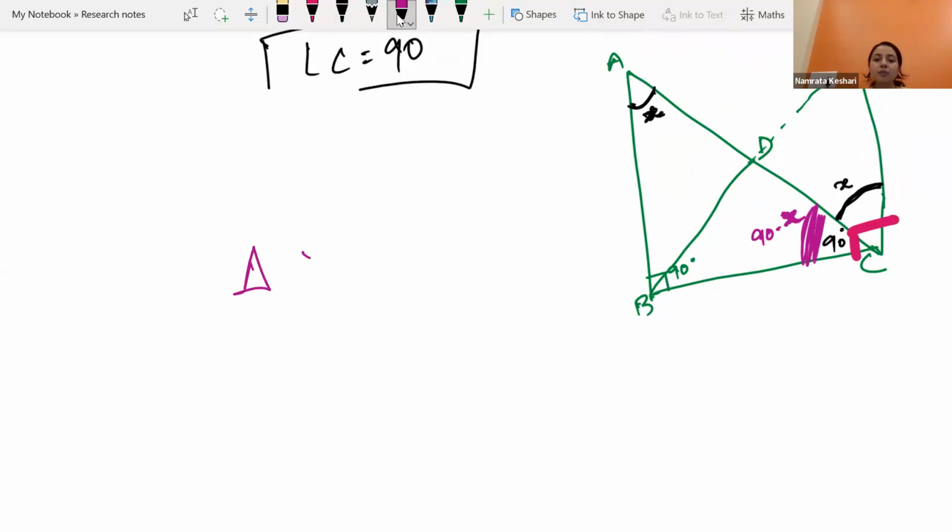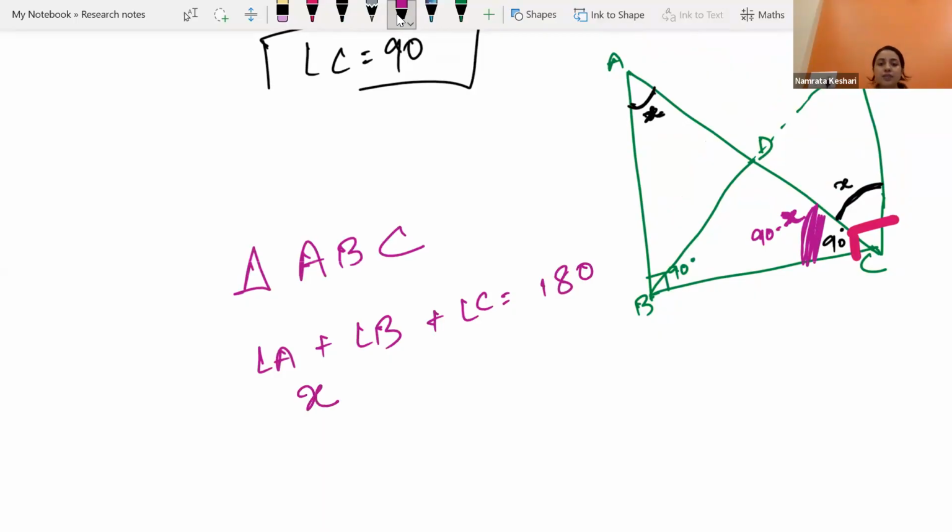Now in triangle ABC, if we apply angle sum property, angle A plus angle B plus angle C is equals to 180 degree. Angle A is X, angle B is 90 degree, angle C is 90 minus X, is equals to, okay, from here we are not getting anything. Just a moment.